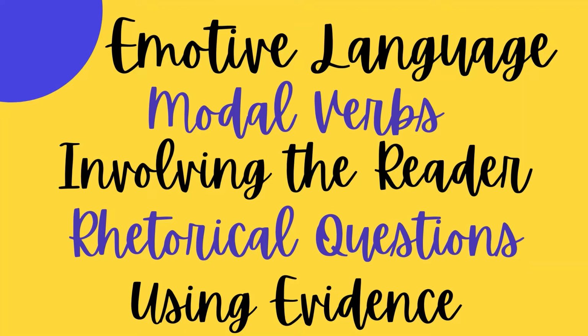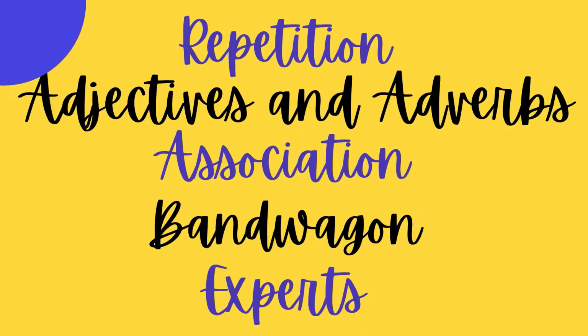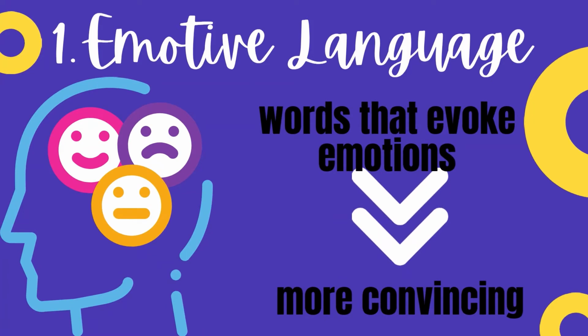Emotive language, modal verbs, involving the reader, rhetorical questions, using evidence, repetition, adjectives and adverbs, association, bandwagon, experts. Emotive language involves the use of words that evoke emotions and make people feel a certain way.